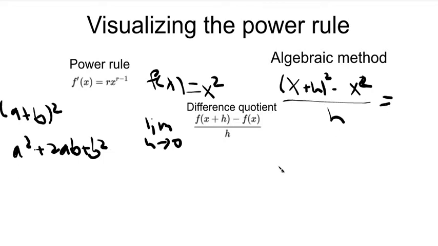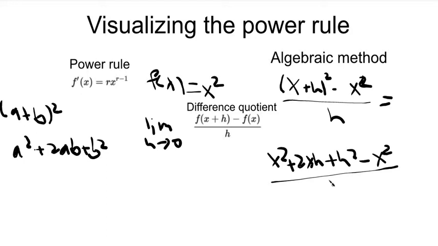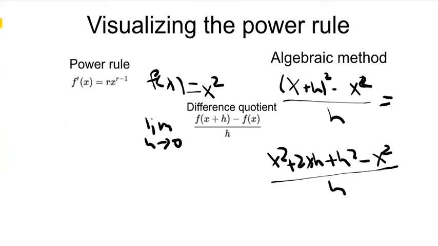This is equal to x squared plus 2xh plus h squared minus x squared divided by h. Okay, we got it. We have the start. Now, x squared minus x squared is equal to 0. These cancel out and become 0. What we're left with is 2xh plus h squared divided by h.